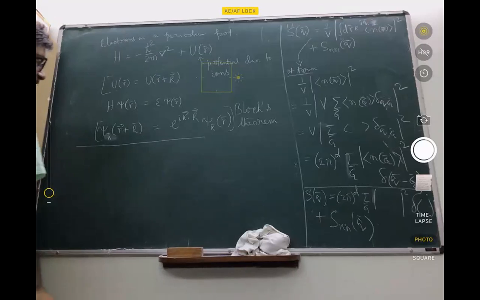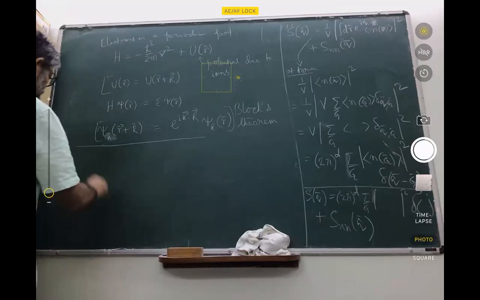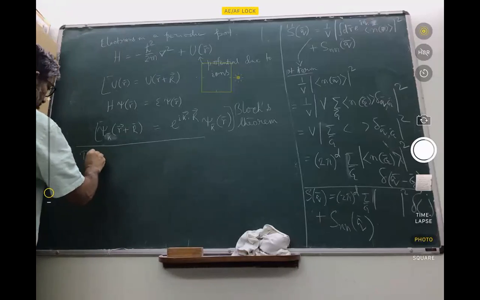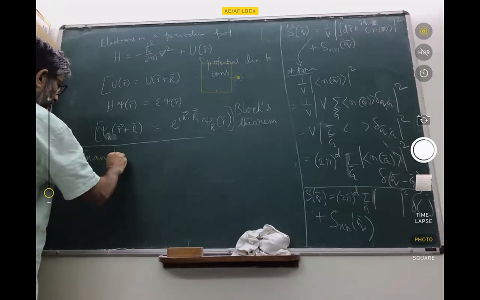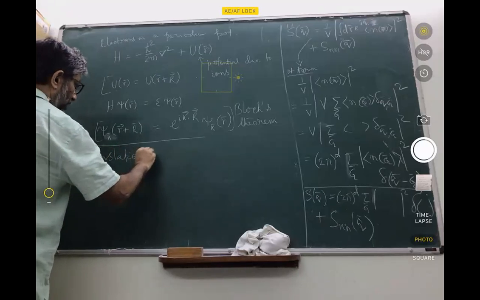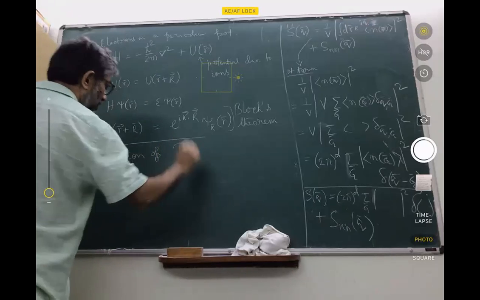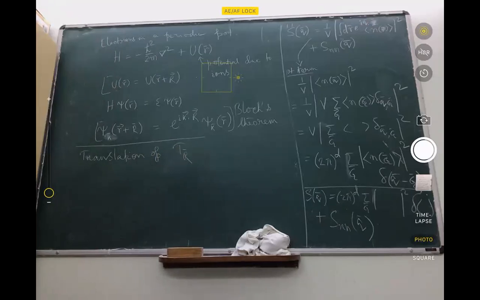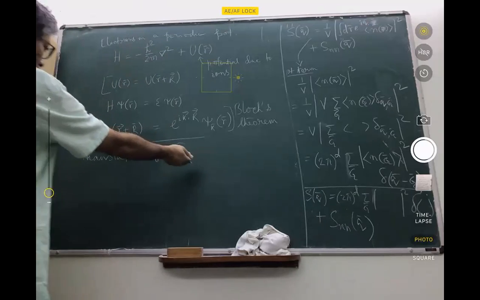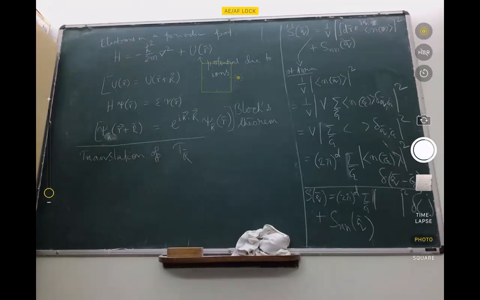So let us define a translation operator T of R, which translates any function of r by a lattice vector R, which is, as we've seen, integer combinations of a1, a2, a3.